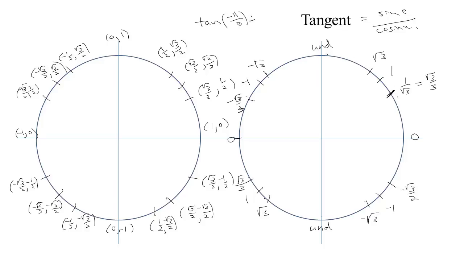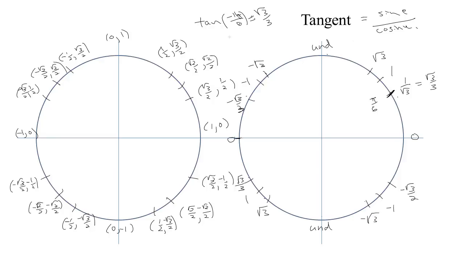The tangent, we can read off our chart, is root 3 over 3, right? Or you could say to yourself, if I go backwards all but a sixth of a pi, negative 11 pi 6 was what I was going for, that's almost negative 12 pi 6, right? That's almost a complete turn backwards. So that's the same thing as pi 6, and the tangent of pi 6 is root 3 over 3.